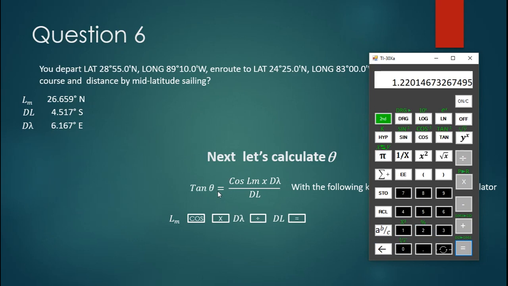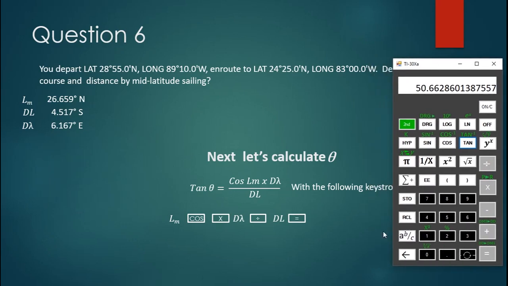So to get theta, we'll have to hit second tangent. It comes up to 50.66, which we can round to 50.7. That's going to be theta, is 50.7.